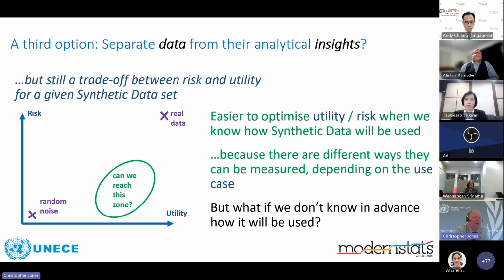Similarly, if you wanted to produce a synthetic microdata set where the correlation between two of the variables matched those of the real data set, that's also possible. But if you don't know in advance how the data will be used, then it becomes harder. And there are various different use cases for synthetic data, everything from providing general data sets for training purposes to providing bespoke data sets where you know how they're going to be used.